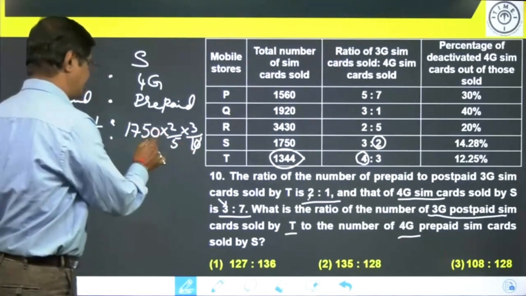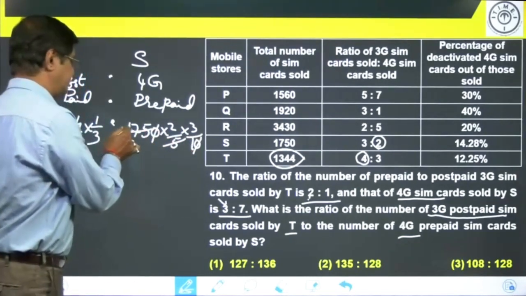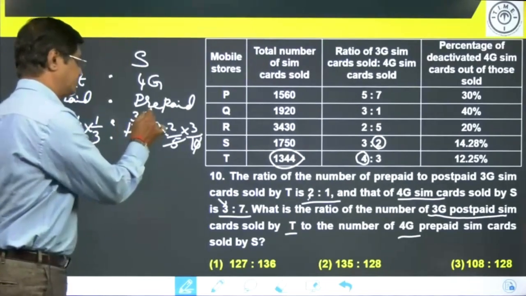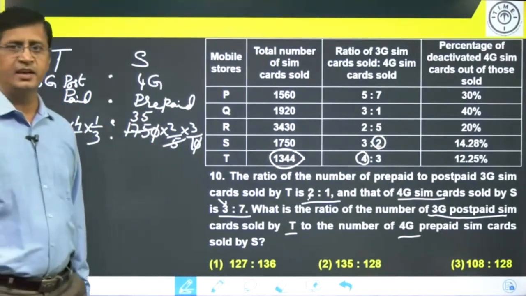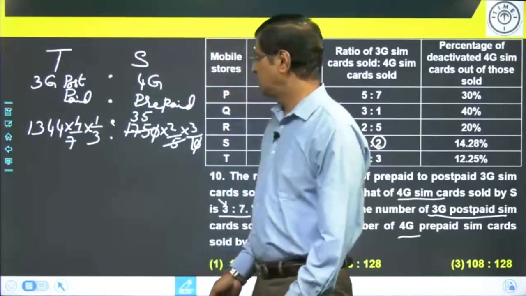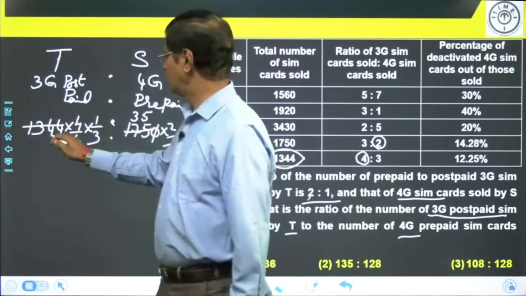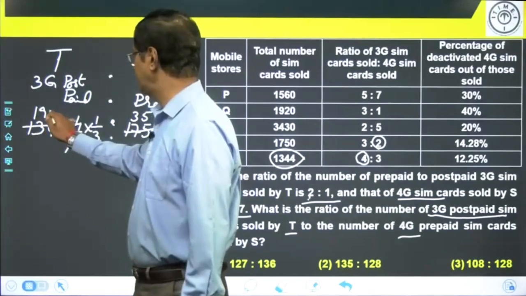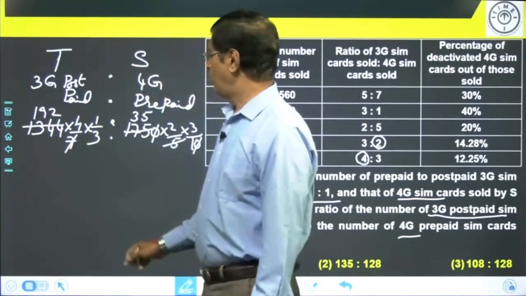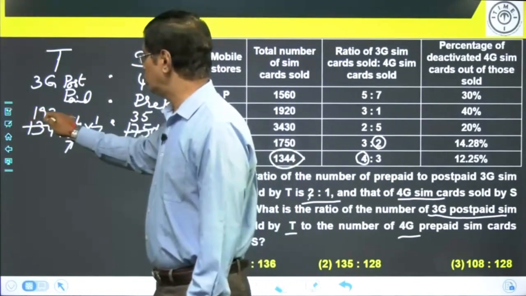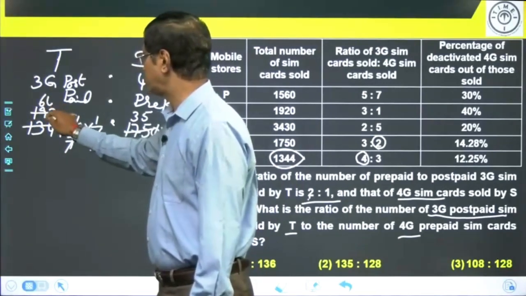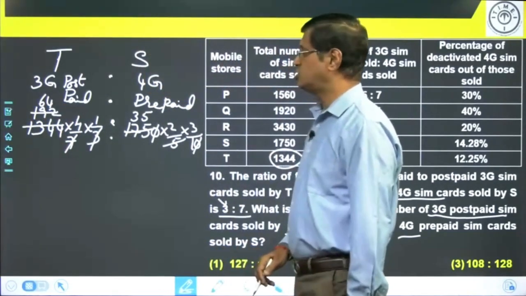Now, just simplify this. 0 to 0 we can cancel. Now, 5 it goes exactly 35 times. Now, what is the further cancellation here? Now, 7 it goes how many times? 1 time, 9 times and 2 times. What about 3? 3 it goes 64 times.